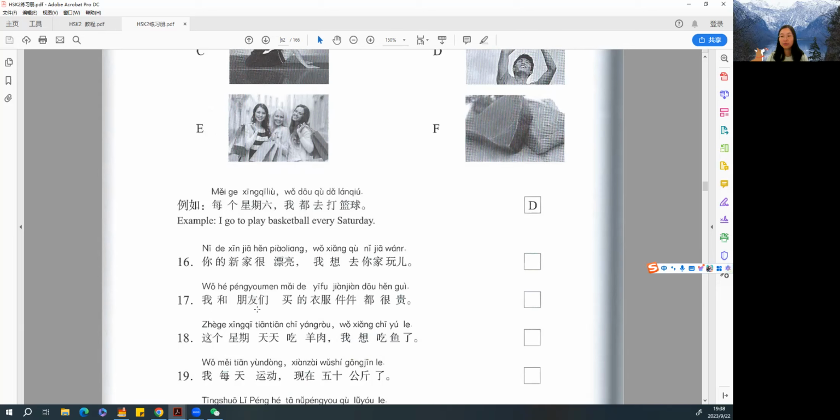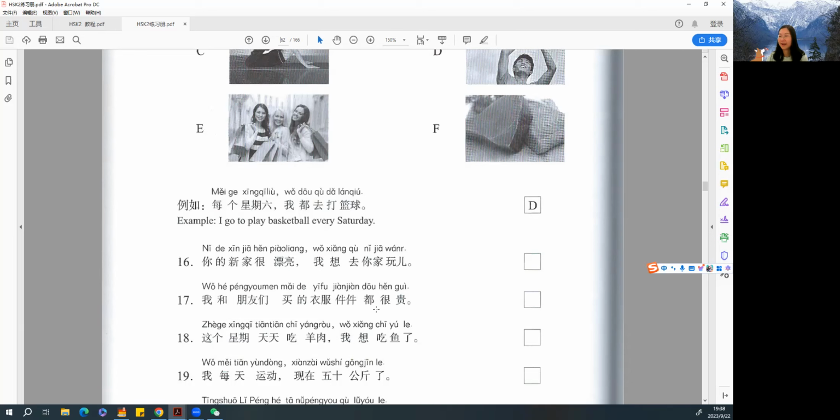Me. 和朋友, 朋友们 is a bunch of friends, right? When 们, for example 我们, 你们, 他们. 买的 the clothes I bought, the clothes we bought, 件件 which means each of them.